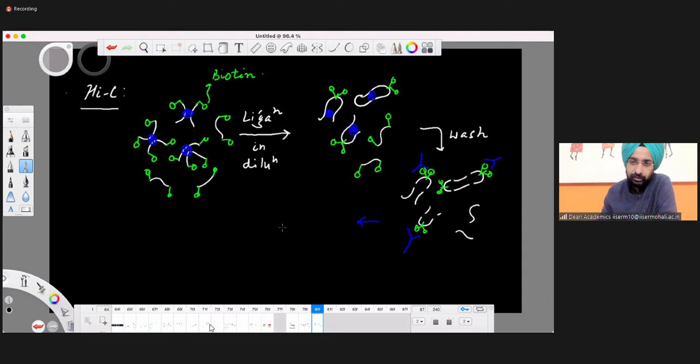So we have pulled down the fragments like this, which are smaller, and we had this biotin. This is your junction. Now you add your sequencing adapters.